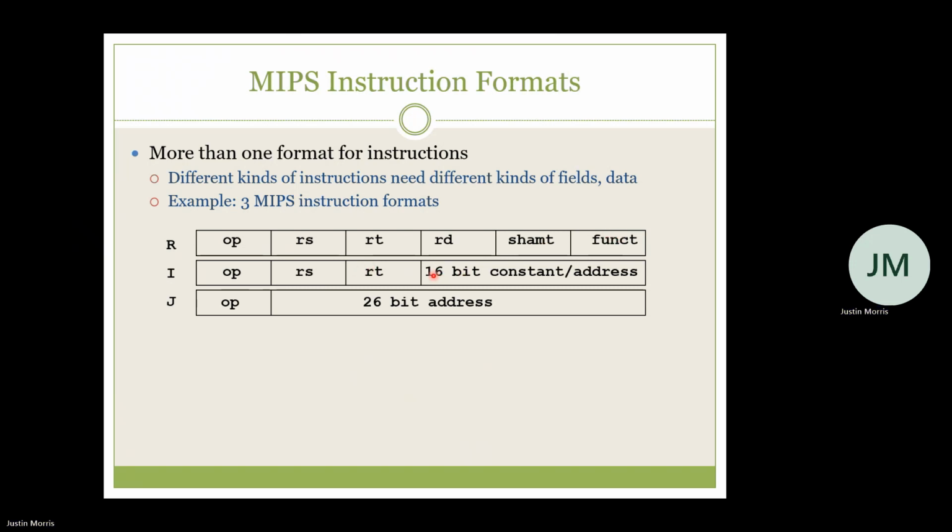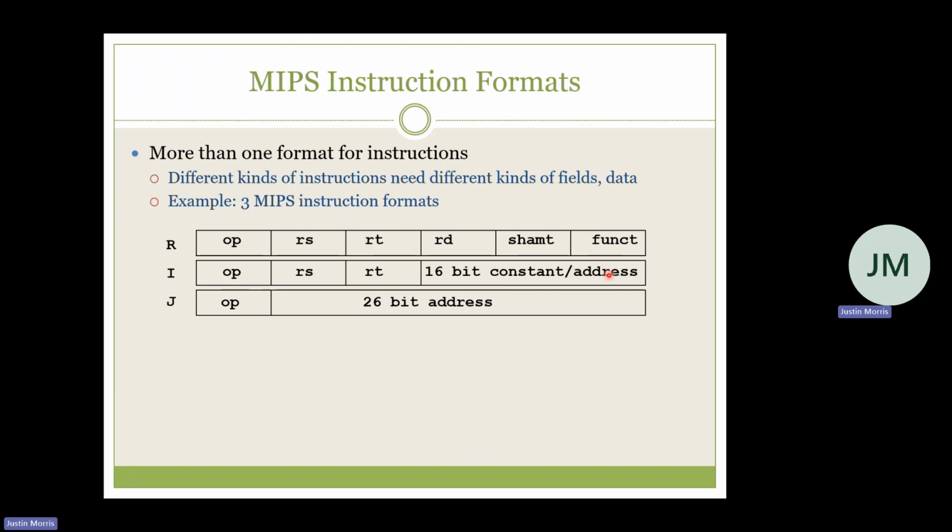And then rather than those 3 fields, we have this 16 bits constant or address. The reason it's called constant or address is because this is your addi for your constants, and set on less than immediate is also this type.